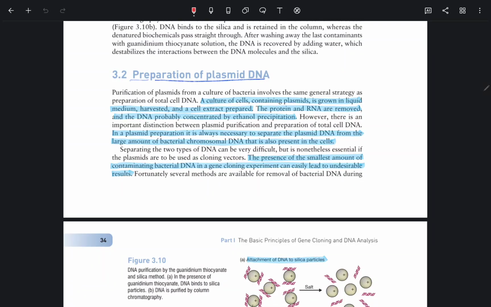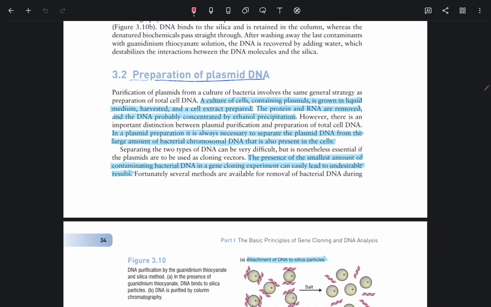Preparation of plasmid DNA. Purification of plasmids from a culture of bacteria involves the same general strategy as preparation of total cell DNA. A culture of cells containing plasmids is grown in liquid medium, harvested, and a cell extract prepared. The protein and RNA are removed, and the DNA probably concentrated by ethanol precipitation.